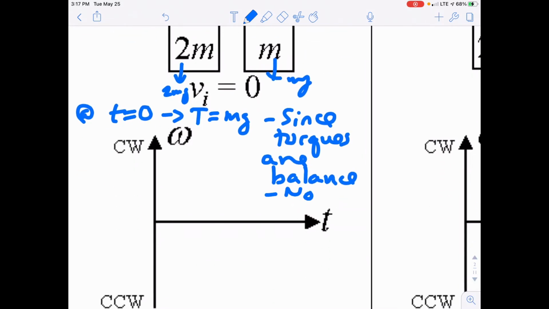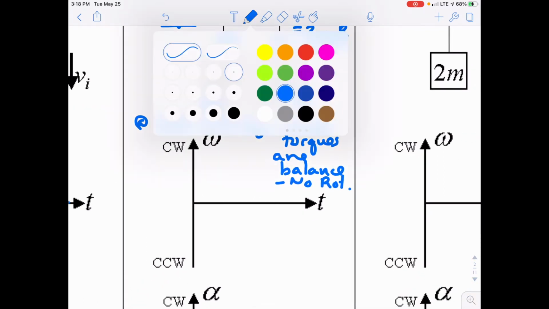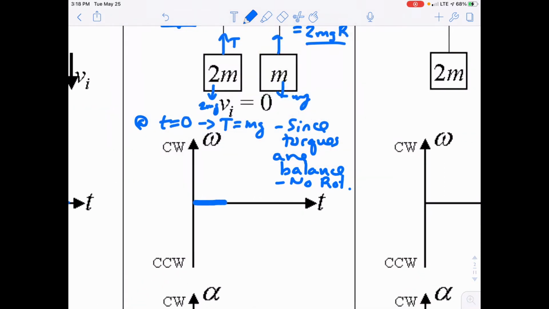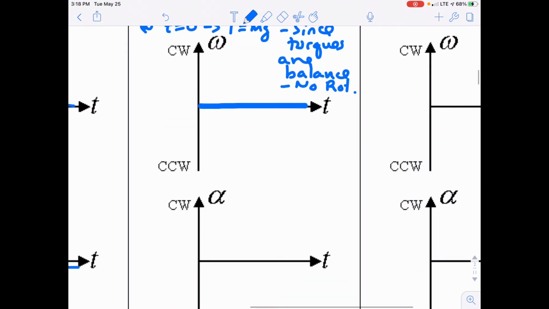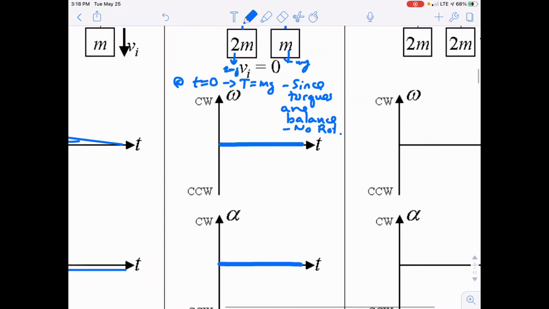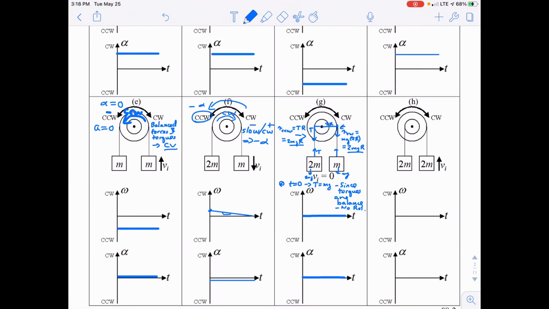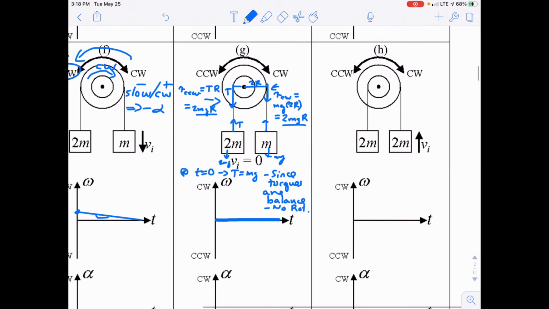There's no rotation. Okay, which basically means you're going to have no omega, no alpha.